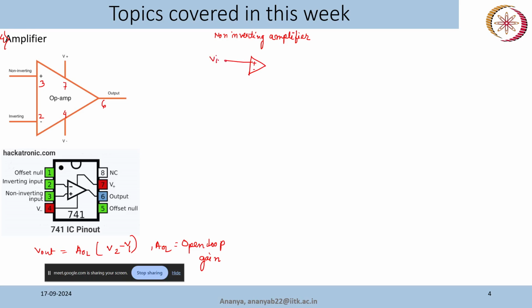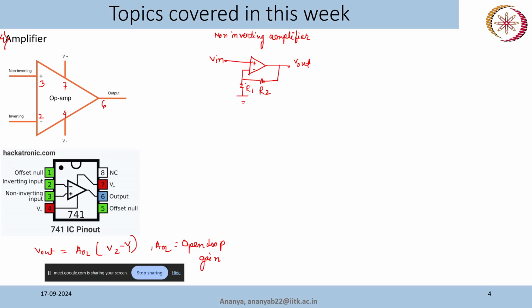Voltage is applied to the non-inverting terminal, and a negative feedback is connected here. So this is R1, this is R2, and this is the output pin, that is pin 6. So this is the configuration of a non-inverting amplifier.